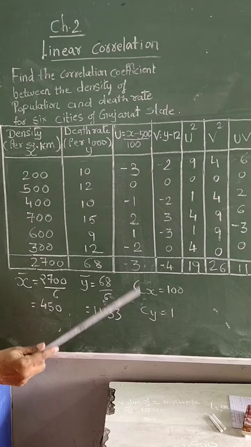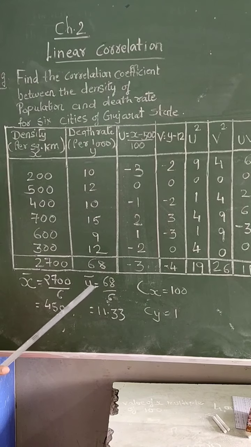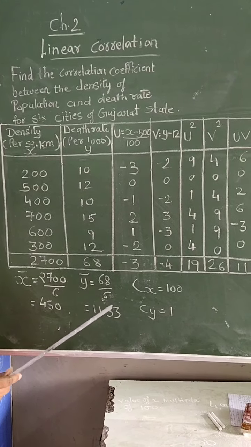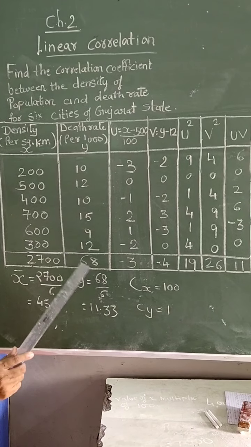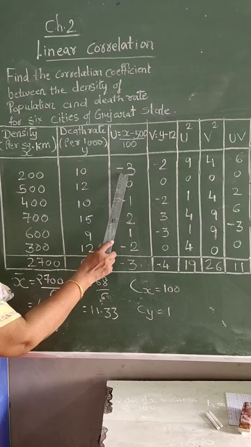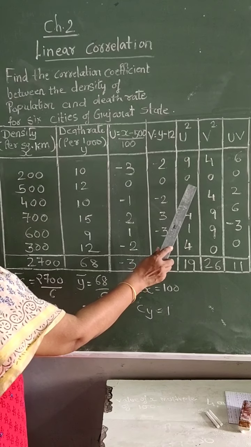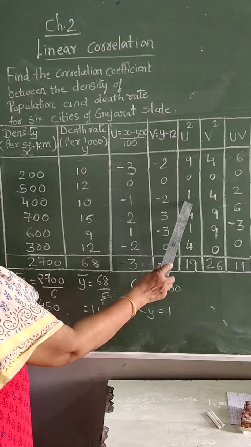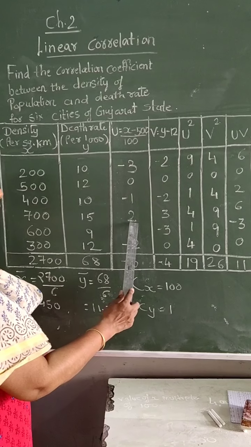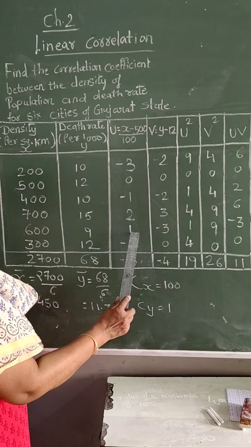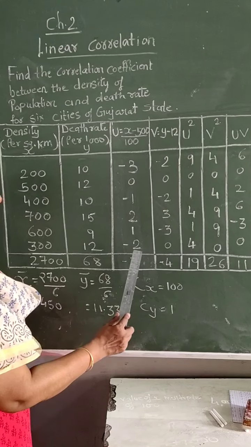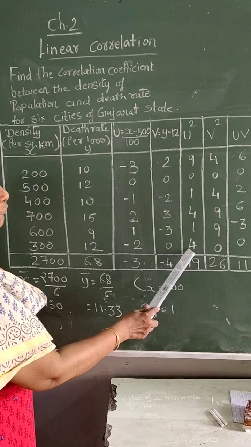Now we go for square of u, square of v, and product of uv. Minus 3 square, 9, 0, minus 1 square 1, 2 square 4, 1 square 1 and minus 2 square 4.